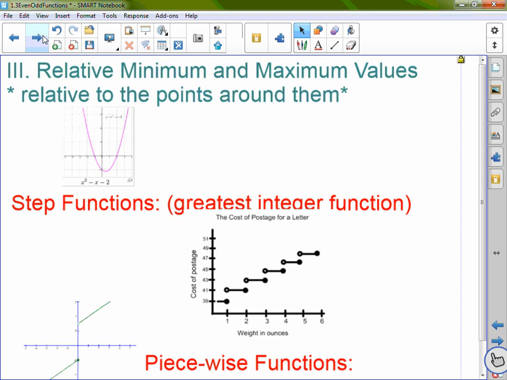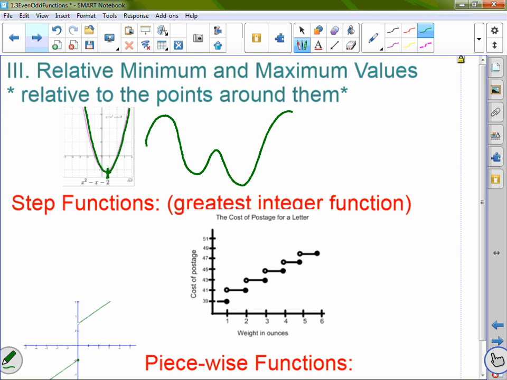Okay, we're just talking about the relative min and max. So if we look at this pink, purple, I don't know my colors, now it's watermelon. If we look at the watermelon curve, we'll see that right there, we've got a relative min or max. Compared to the points around them, it's higher or lower than all of them, and it's always going to have that kind of bump to it.